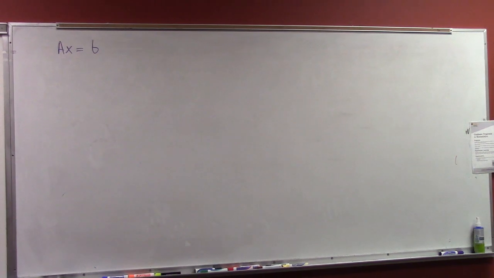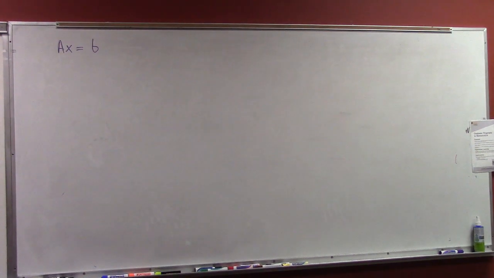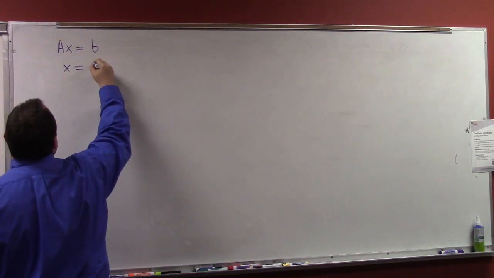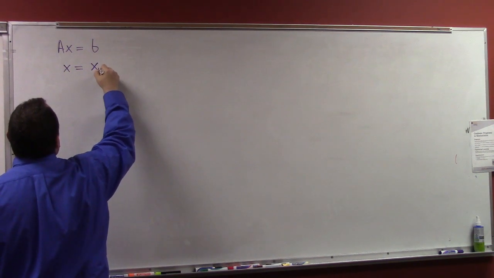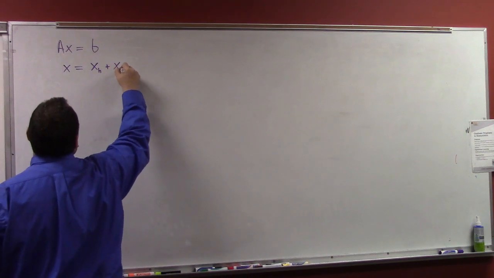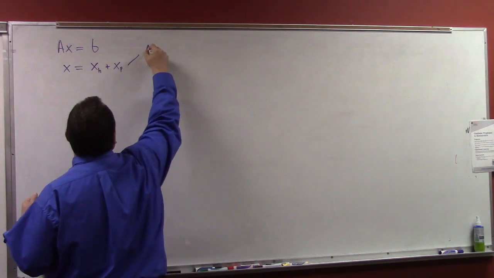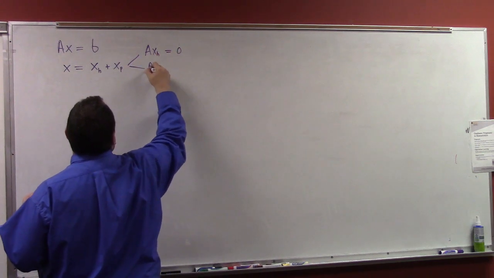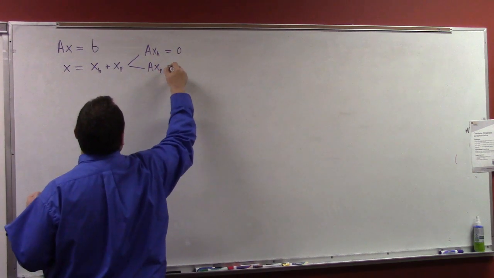It's not, because if B is non-zero, the sum of solutions is no longer a solution, right? It's not a subspace. However, you can write X as equal to, let's say, X homogeneous plus X particular, where the homogeneous solution is 0, right? And the particular solution is B.